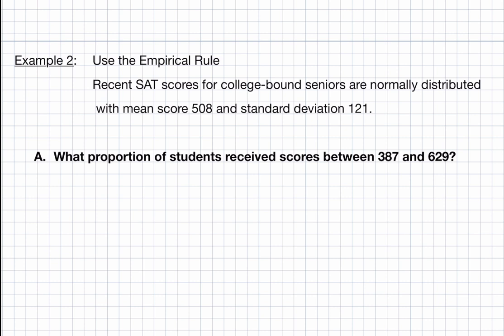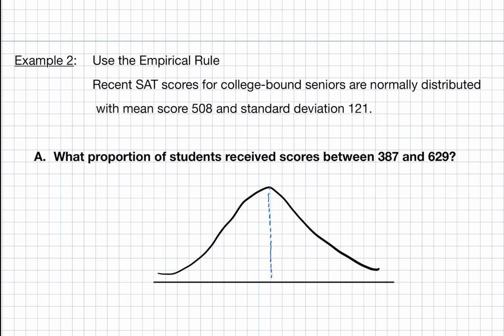So let's go ahead and draw a normal curve again. All right, and we have a standard normal curve here, and let's say that this is our average. Okay, and our average score was 508, and we are told that the standard deviation is 121.